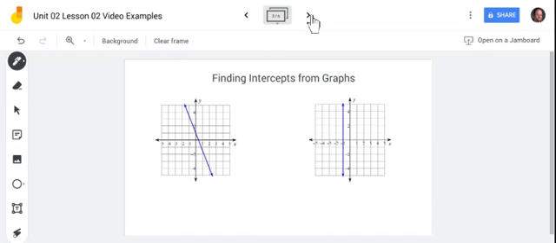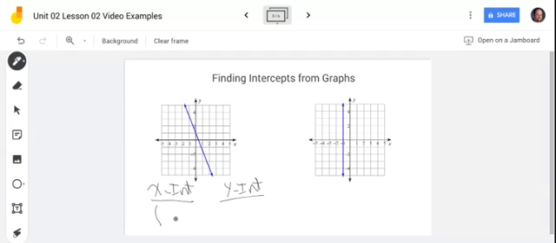So first, let's look at how to find this from the graph. When I look at the graph, all I'm going to do is actually just mark dots. Now I'm going to write down here on the bottom, x-intercept and y-intercept. And I'm going to look at the x-intercept first. Now, x-intercepts always have the same pattern.